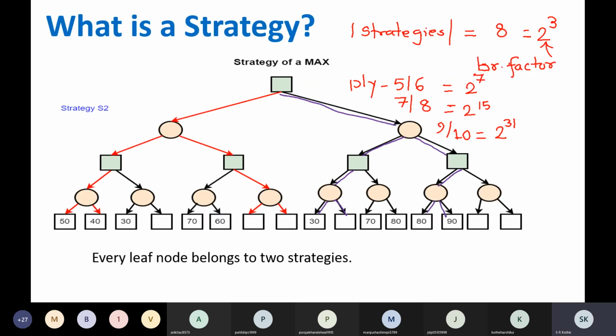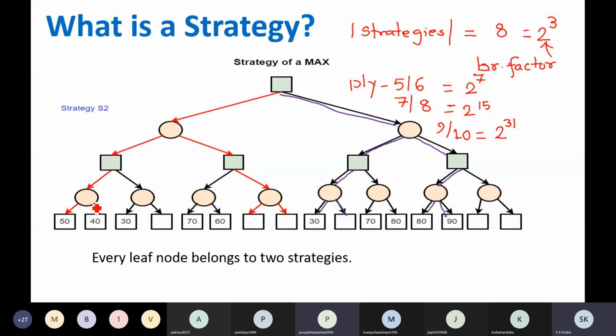Okay, go back. Now come to this game tree again. Before understanding value of a strategy, let us find out how many leaf nodes are there in this game tree. 16.